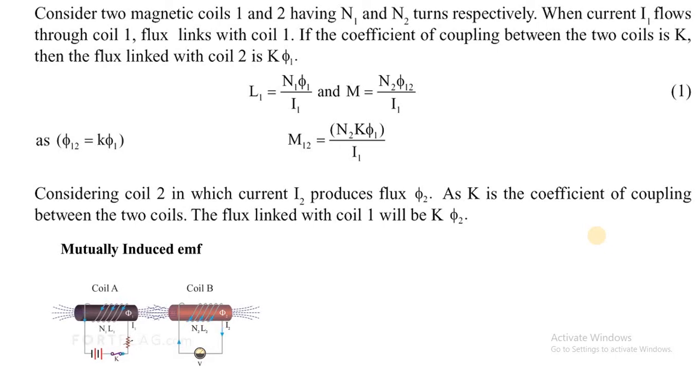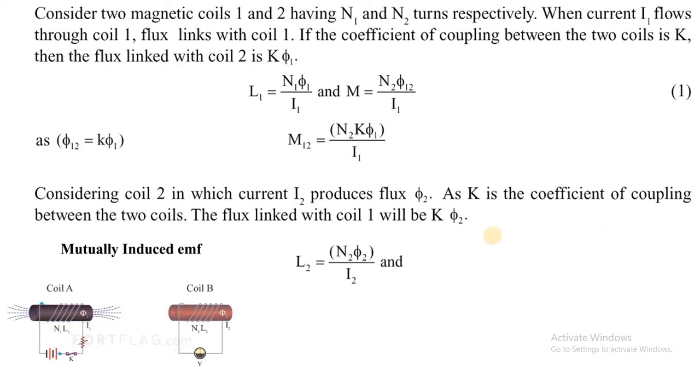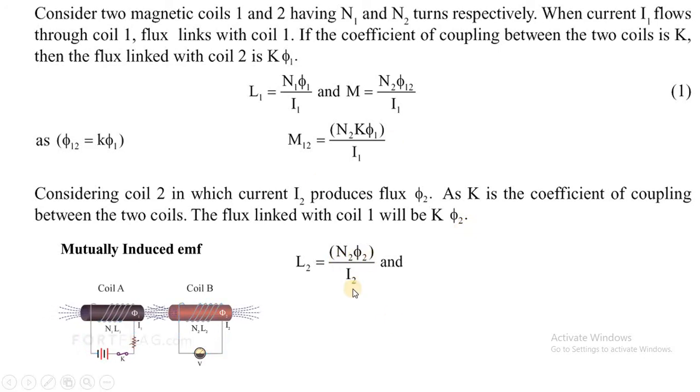So the inductance offered by coil B will be called what? Inductance offered by coil B will act as what? It will act as self-inductance. Coil B inductance will now be called the self-inductance of coil B or coil 2. That self-inductance of coil 2 is equal to N phi upon I, where we are taking coil 2.